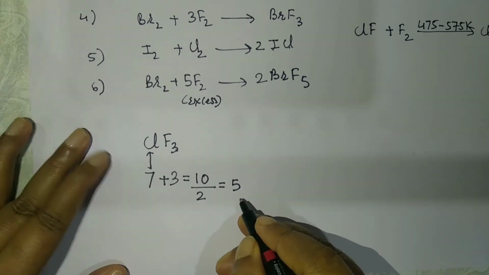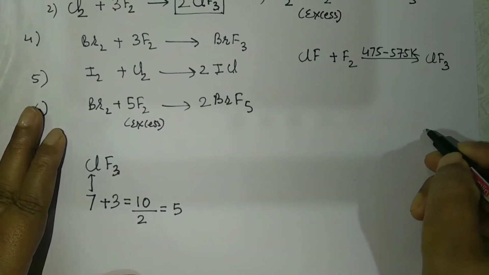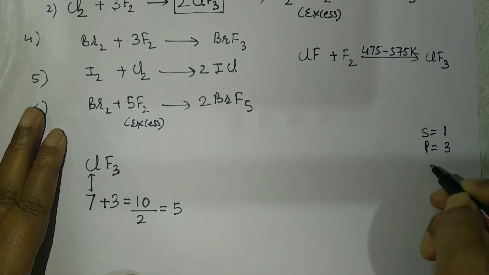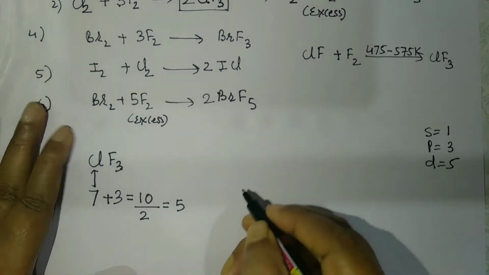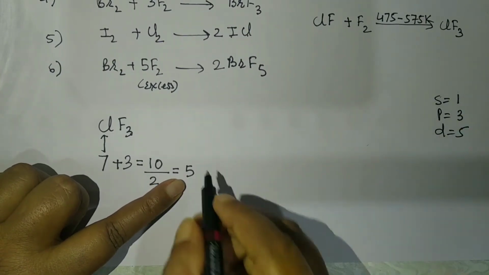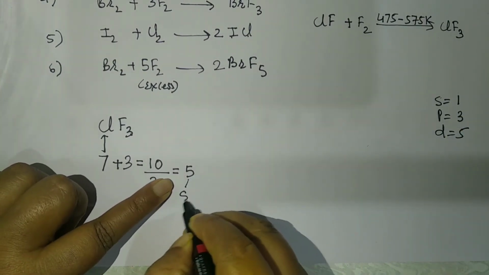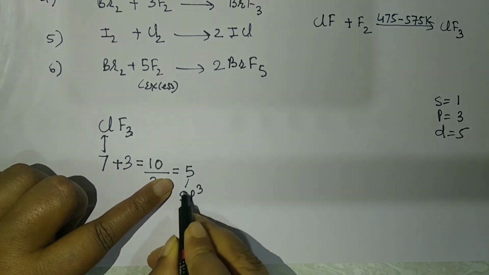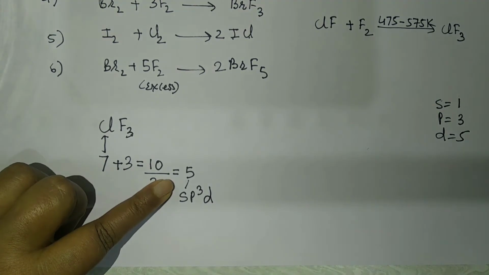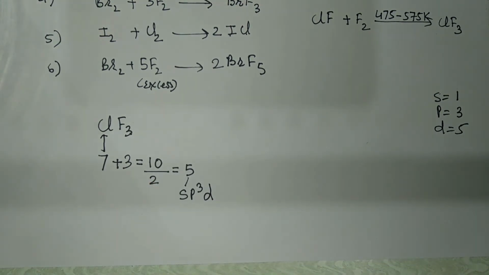If it is 5, students, you know that s has 1 magnetic orientation, p has 3, d has 5. So let us now distribute this 5 among sp3d. So it will be sp3, 1 plus 3 is 4, remaining 1. So it will undergo sp3d hybridization.